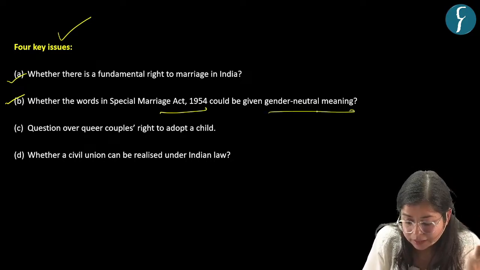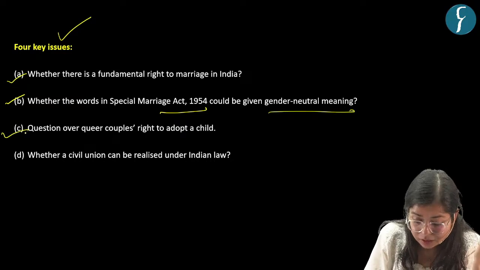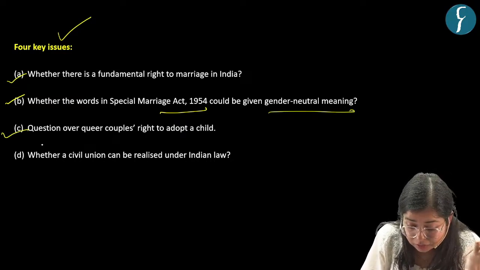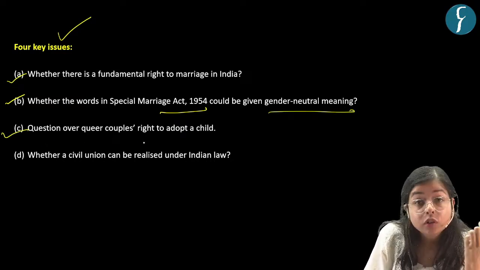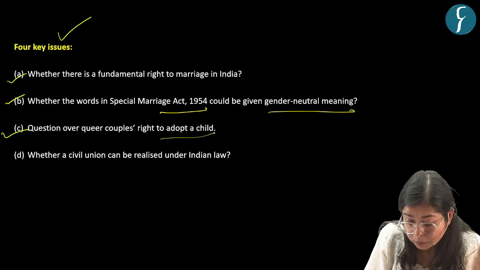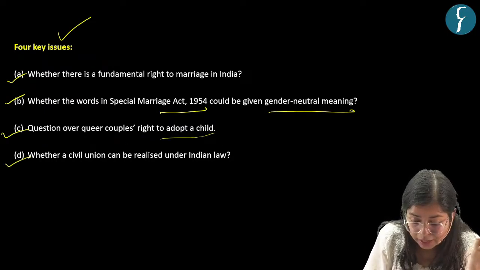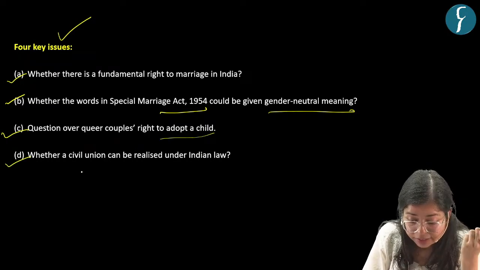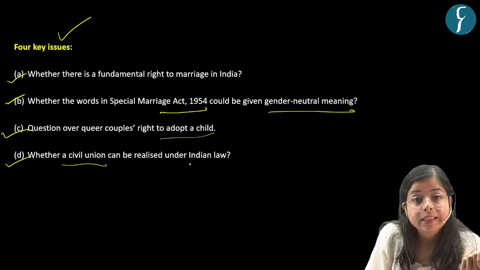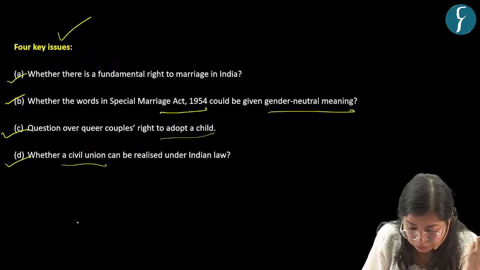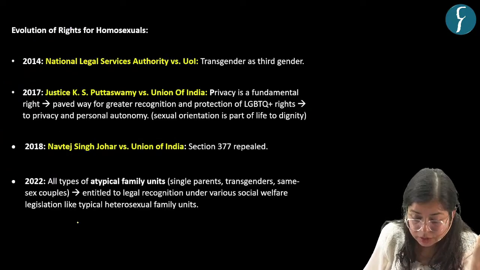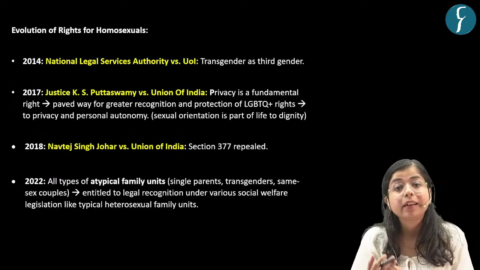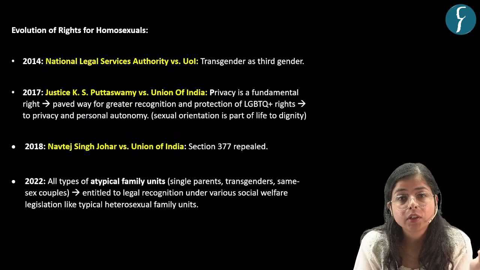We will discuss the Special Marriage Act. The third question was regarding the queer couple's right to adopt a child. And the fourth question was whether a civil union can be realized under an Indian law. We will discuss these questions and the related judgment of the Supreme Court.